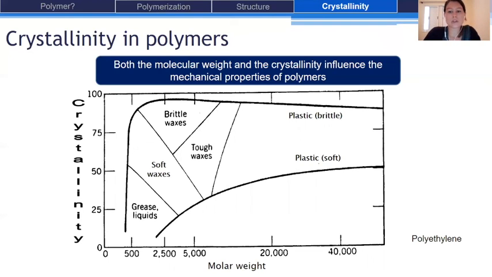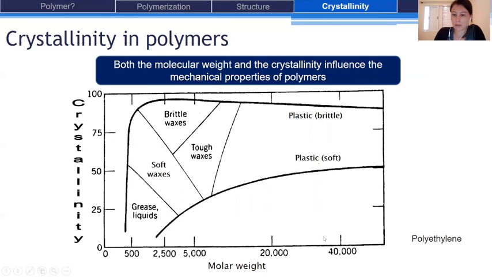In the case of polyethylene represented on this graph, you can see that depending on both the crystallinity and the molecular weight of the chains, we will have either a liquid or wax, which can be more soft or more tough, or if you increase the molecular weight and increase the crystallinity, you will have a plastic.